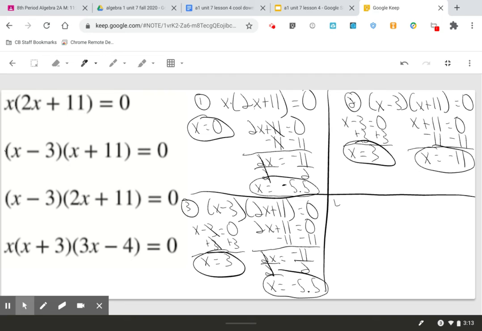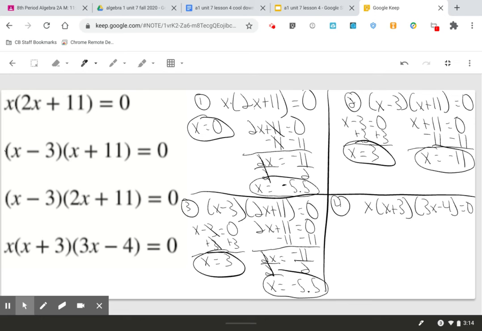Number 4, the last one, we have x times x plus 3 times 3x minus 4 equals 0. Notice with this one, there are 3 factors. There's x, there's x plus 3, and there's 3x minus 4. Truthfully, it doesn't matter how many factors you have.